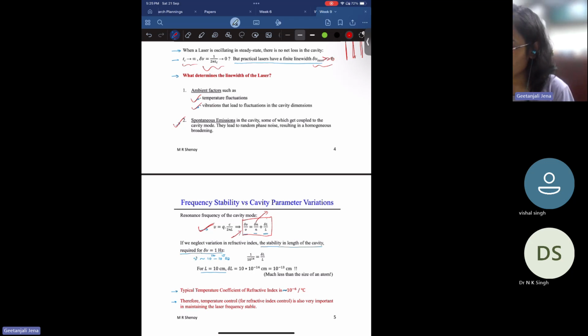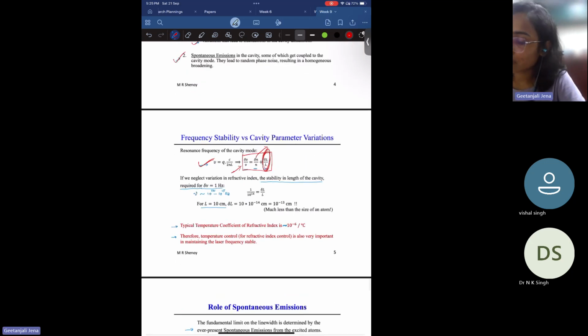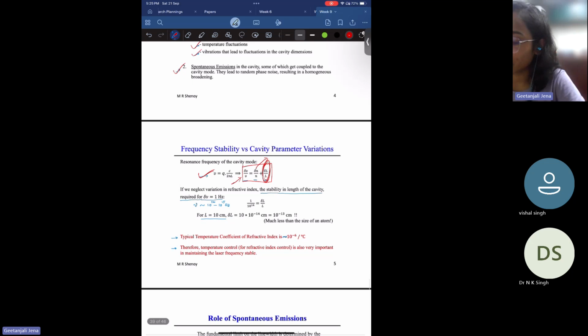Or whenever there is an uncertainty in the cavity length, we see a broadening in the line width of the cavity mode. Let us take some examples so that we can calculate the practical values. For frequency nu of 10 to the power 14 hertz, if you want to achieve a delta nu of 1 hertz, then delta L should be 10 to the minus 30 centimeters.